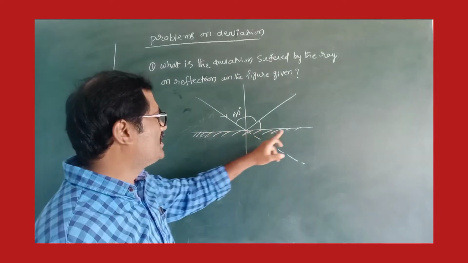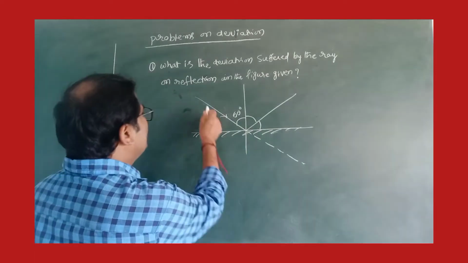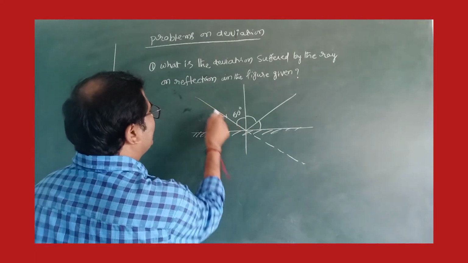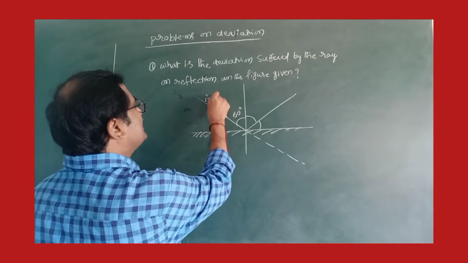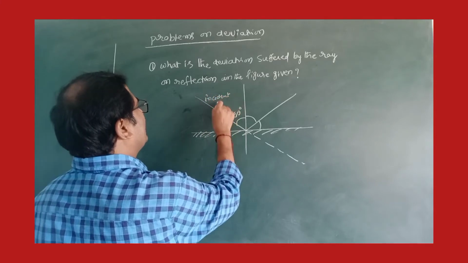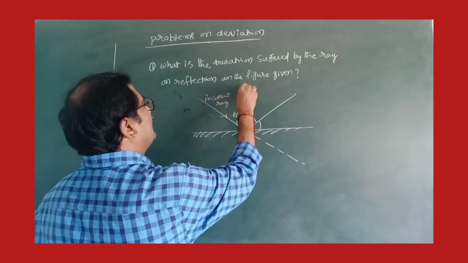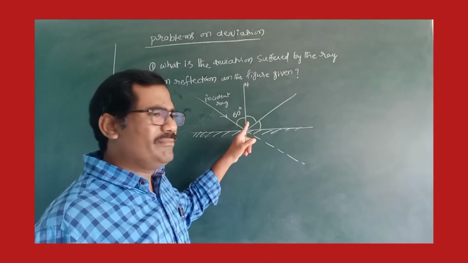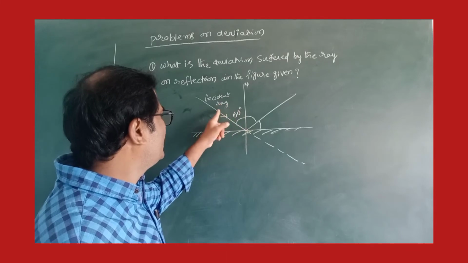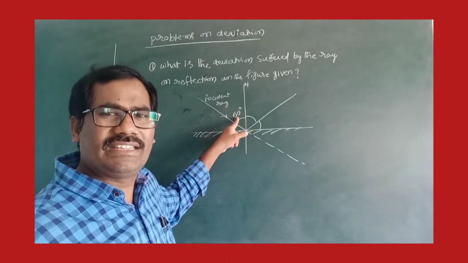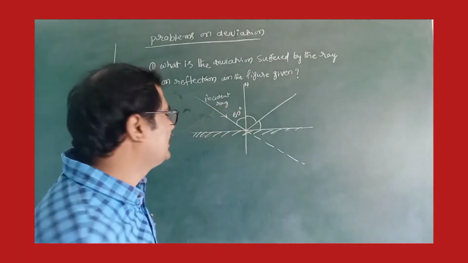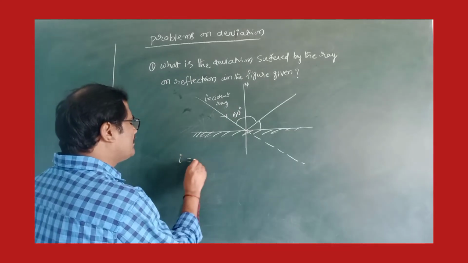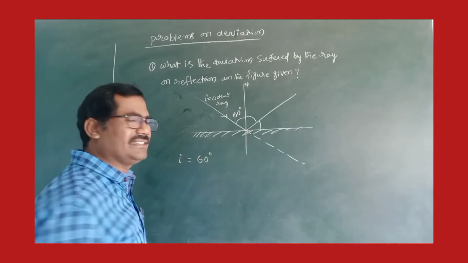The figure shows the incident ray. The angle made by the normal with the incident ray is 60 degrees, so the given value is I equal to 60 degrees.